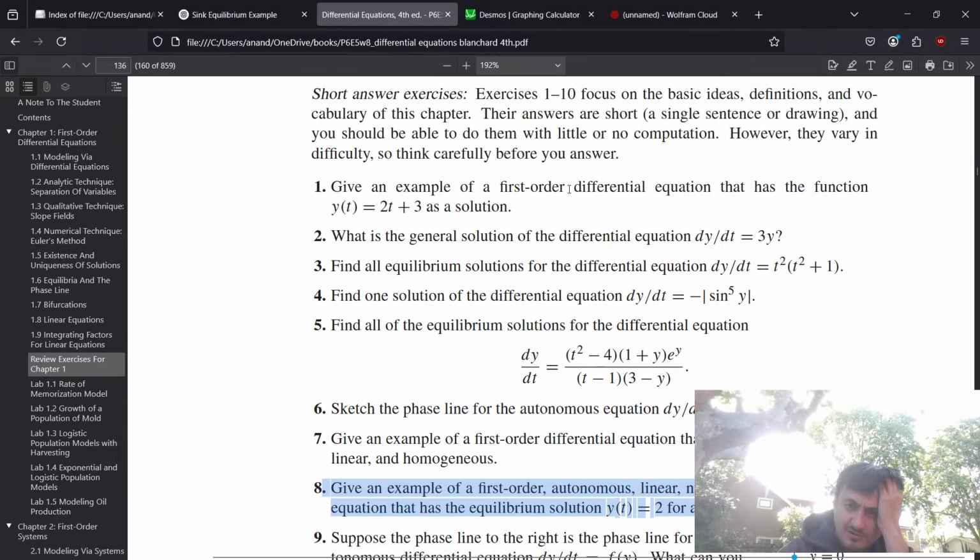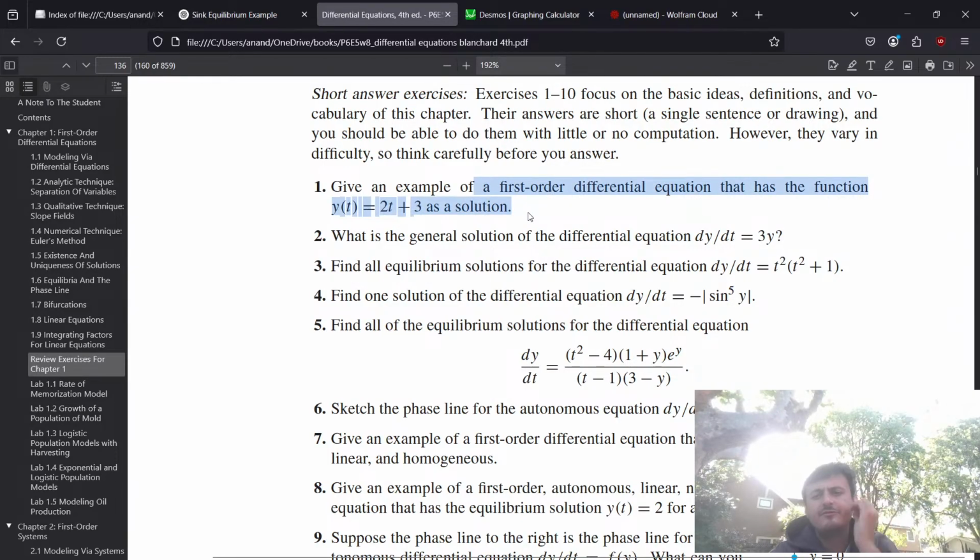Damn, wait, this one's hard. What the hell? Give an example of a first-order differential equation that has the function y of t equals 2t plus 3 as a solution.